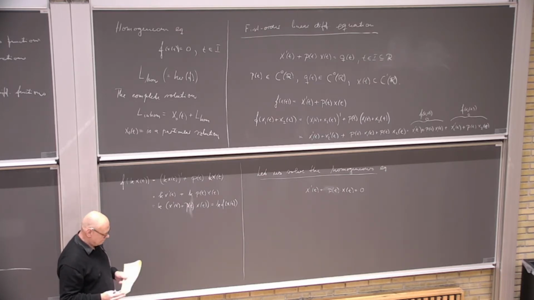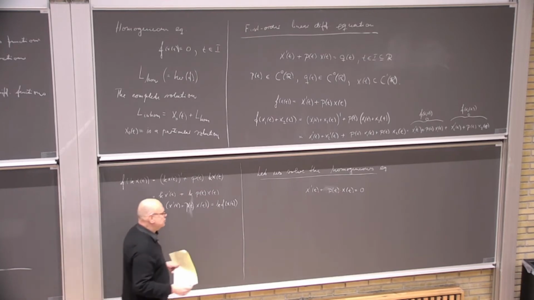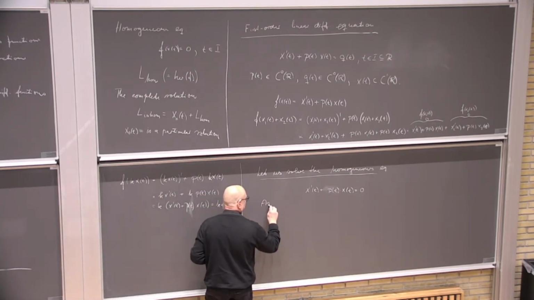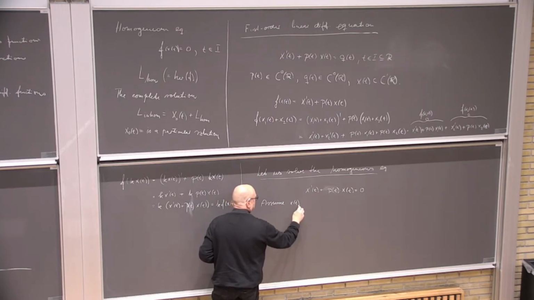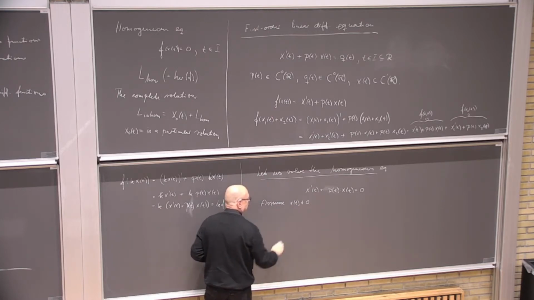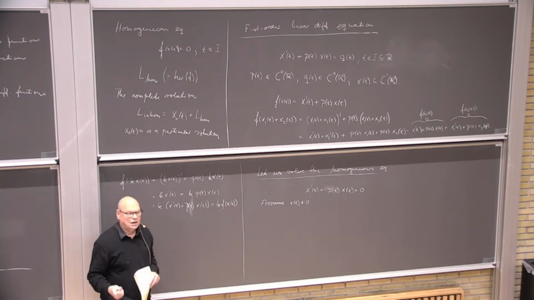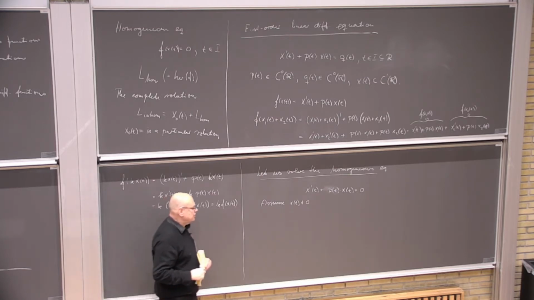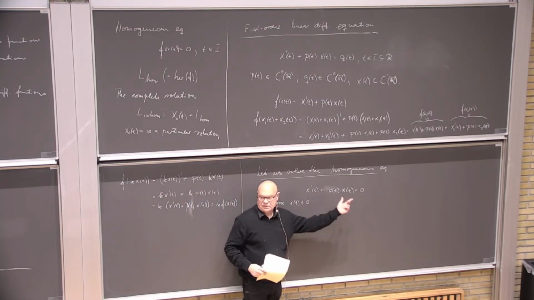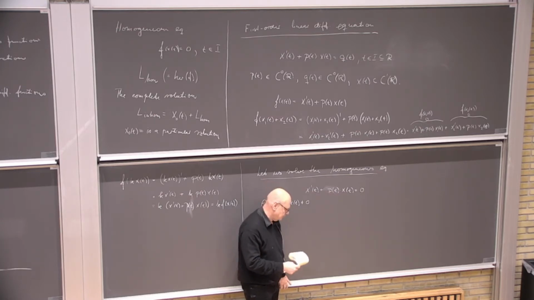So I now assume that x of t is different from 0. I'll return to the sign of x, and you can see if x is 0, it satisfies the equation. So it is a solution, but for now I assume that x is different from 0.